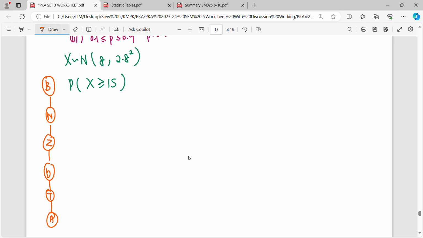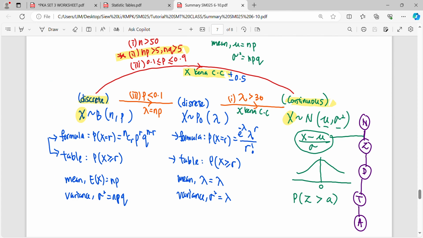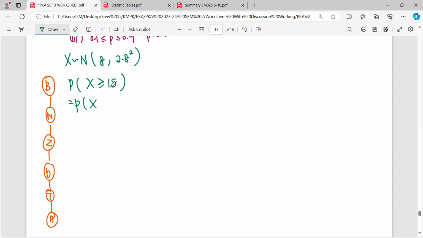Okay, so from binomial change to normal. The x from discrete changes to normal, so the x has to have continuity correction, plus or minus 0.5, more than or equal to 15. So you will start with either 14.5 or 15.5. If you take 15.5, then is your 15 involved or not? 15, 16, 17 and more.